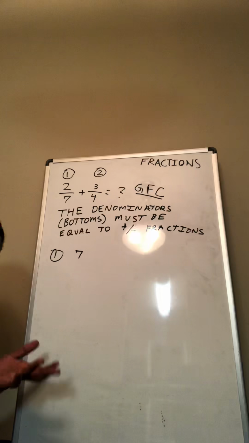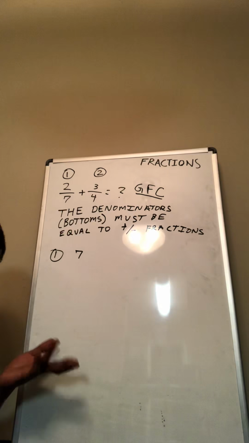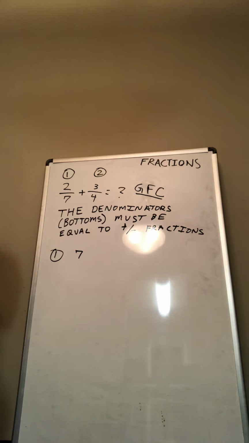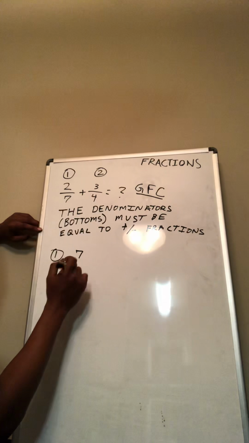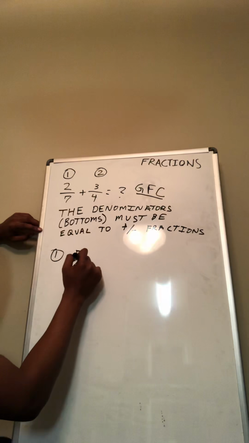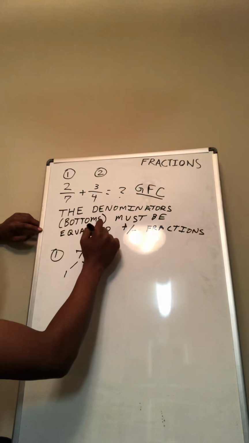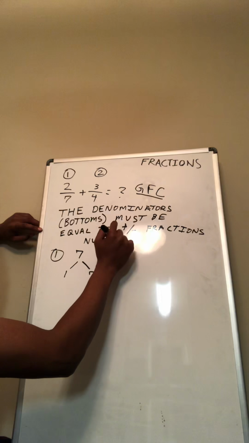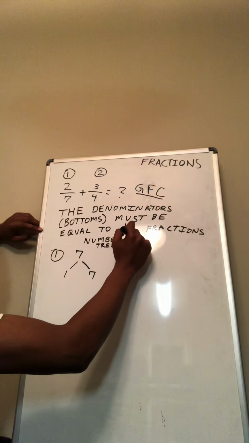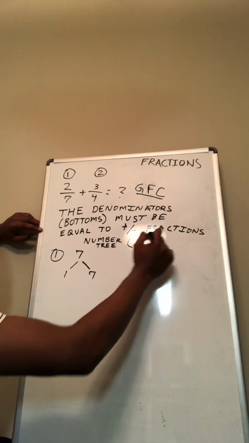Now some students have learned to use a factor tree. Others just cite the factors off and know them by memorization. But here we're going to use the factor tree. So we know 7 is a prime number, so the only factors of a prime number are 1 and itself. This is the factor tree for greatest common factor, GCF.